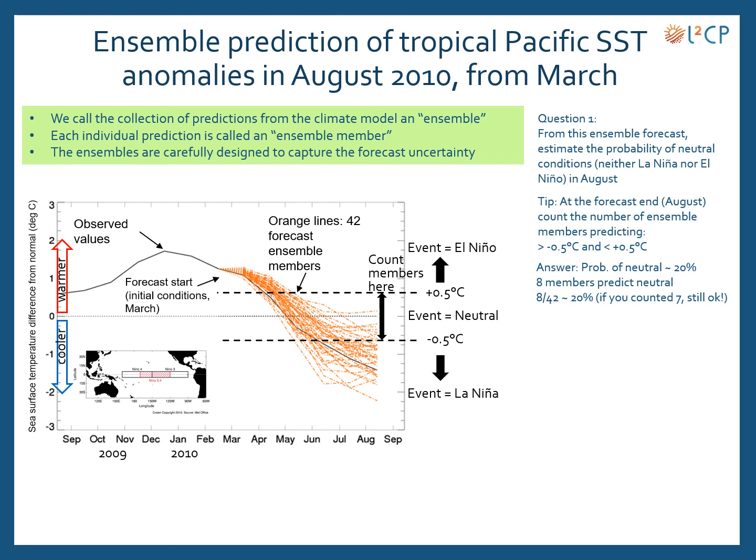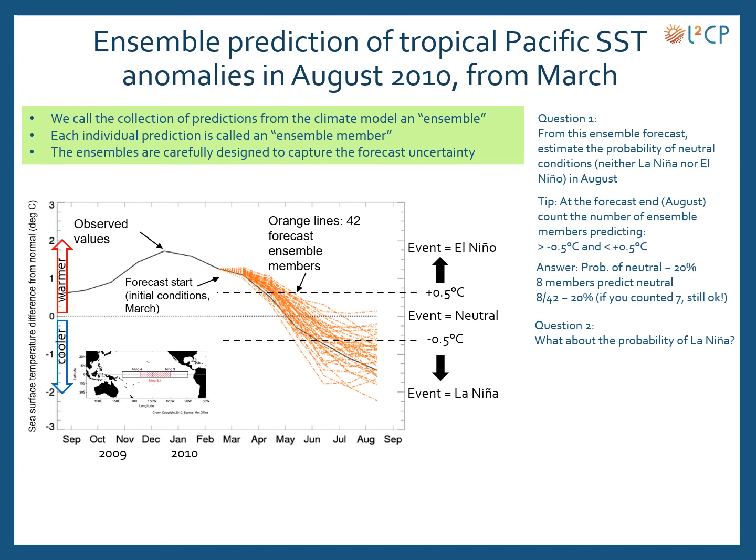So let's have another question. What about the forecast probability of a La Nina event? Again, I'll give you 20 seconds. Five, 4, 3, 2, 1, time's up.